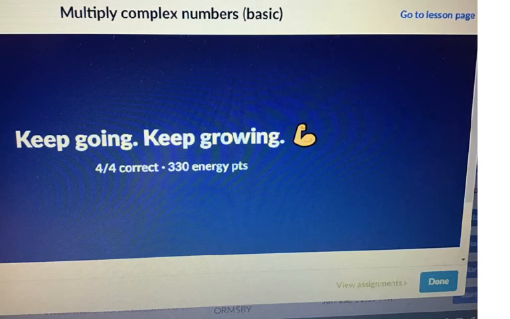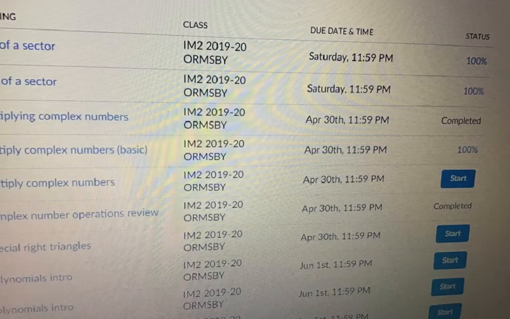Now, guys, remember, if you click on this, this should send you back to your assignment page. If you click on done, what that's going to do is put you in the next section here, most likely. But again, here's the assignment page. What I'm hoping you guys do now is click start and try some more trickier complex number multiplying problems.